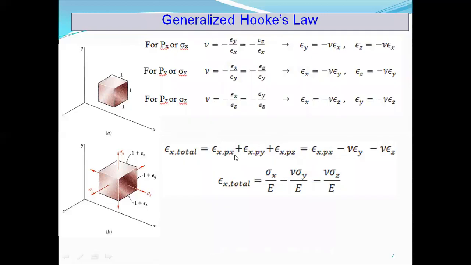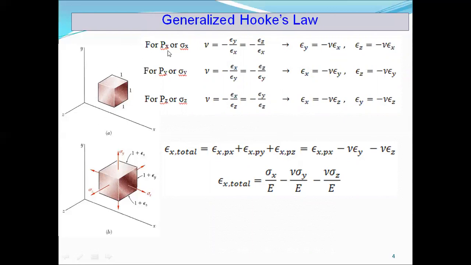Next, we have to discuss how we got all these three equations for epsilon x, epsilon y, and epsilon z. For that, let's assume that we have the material in the shape of a unit cube, each side is 1.